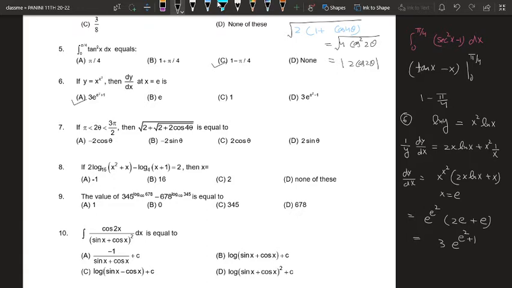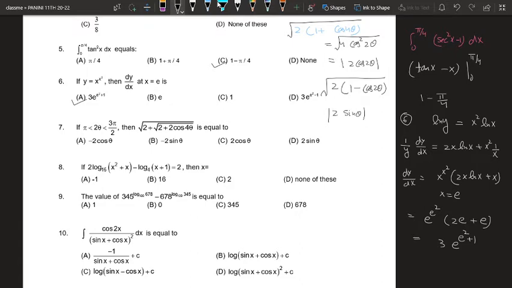So what we get? 2 times (1 minus cos 2 theta). This is under the final root. Now this is 2 sin theta under root, 1 minus cos 2 theta is 2 sin square theta, 4 sin square theta, 2 sin theta.